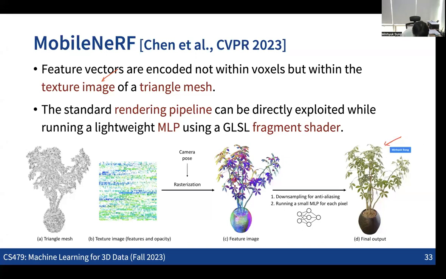So we encode these feature vectors into the texture image of the triangle mesh so that we can rasterize, basically render everything into the 2D projected view, get the feature image as the output of the rendering, and then further decode this feature image into the final color image.